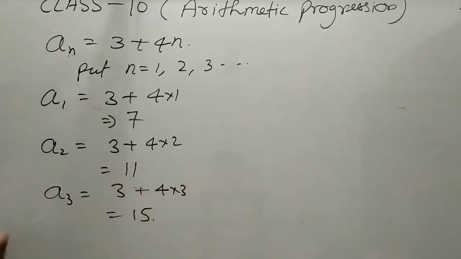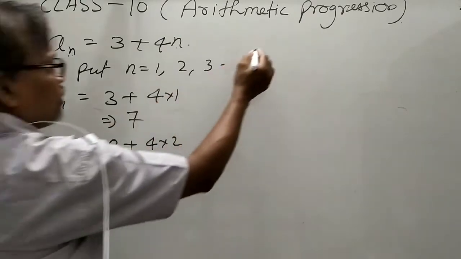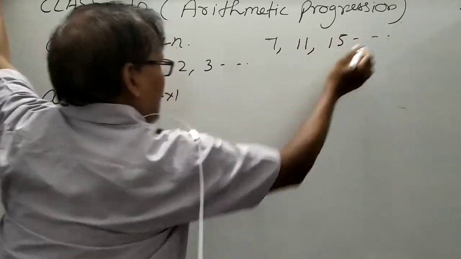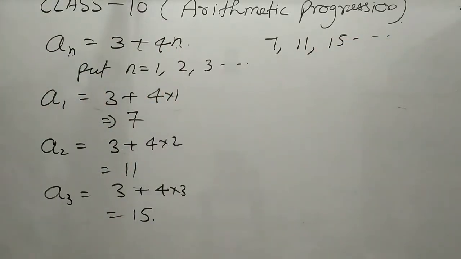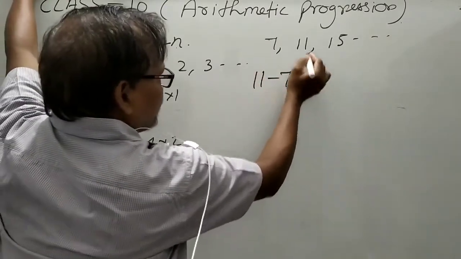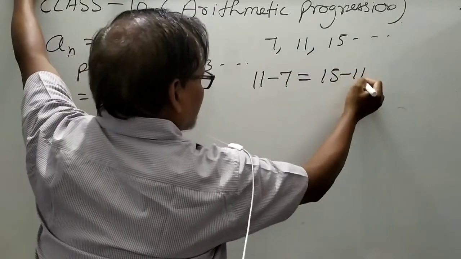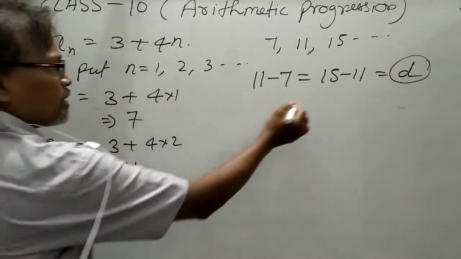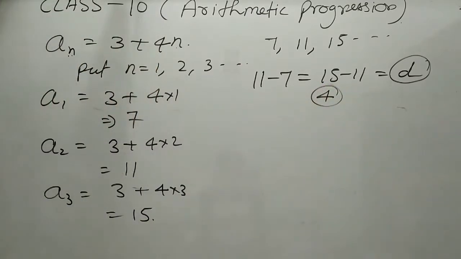Now you can see these three terms, 7, 11, 15 and so on. Can you say the terms are in AP? Yes. Why? Because 11 minus 7 is equal to 15 minus 11, the difference is the same, that is 4. That's why this is an arithmetic progression.